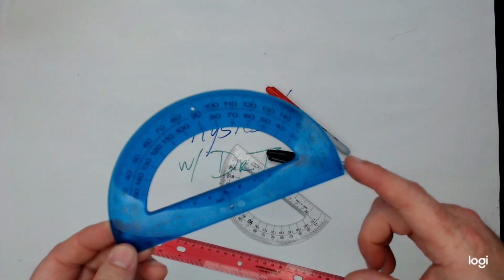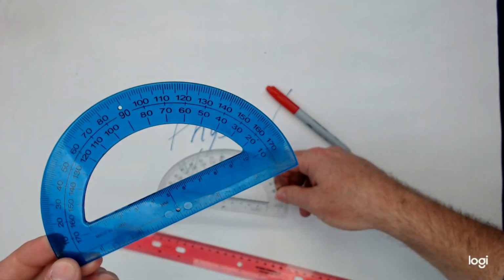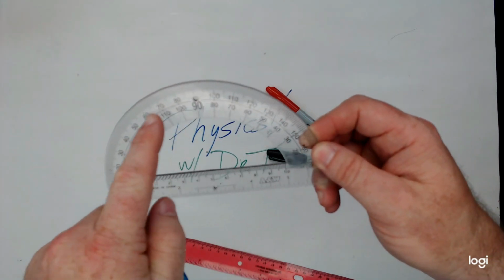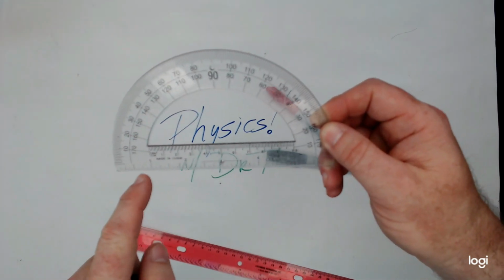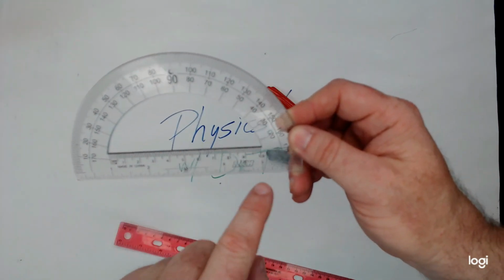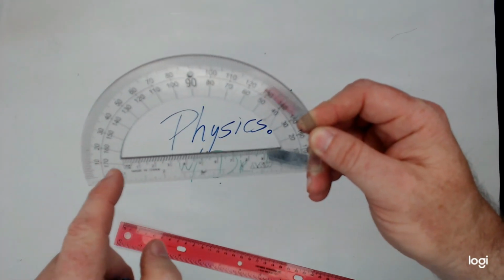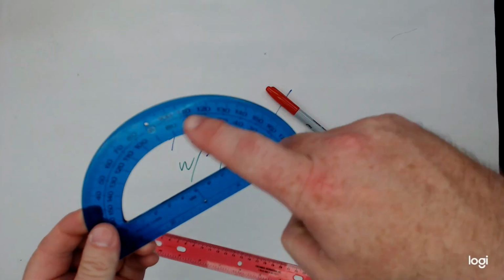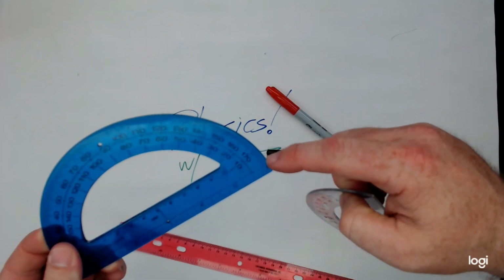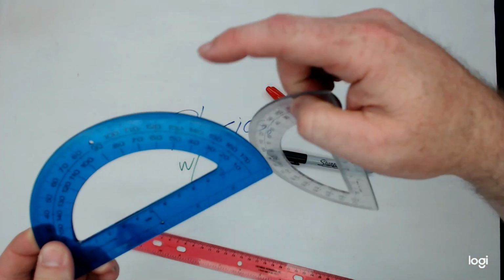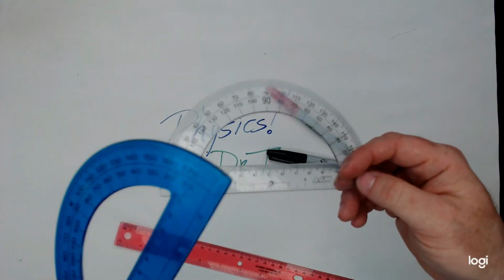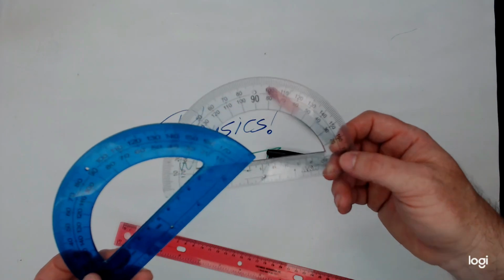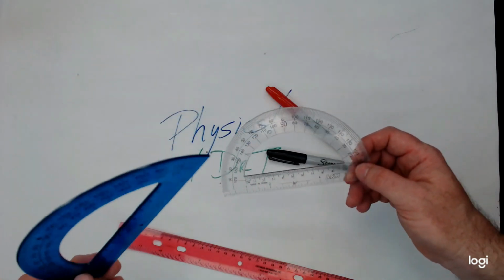And as you can see, most scales have both directions going on them. So 0 to 90 to 180 and 180 down to 0 again through 90, which allows you to make the measurements. These are measured in degrees. I don't know that I've ever seen a protractor measured in radians, but who knows? Maybe one of you guys will invent that.